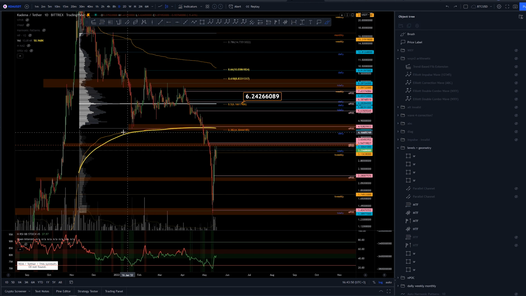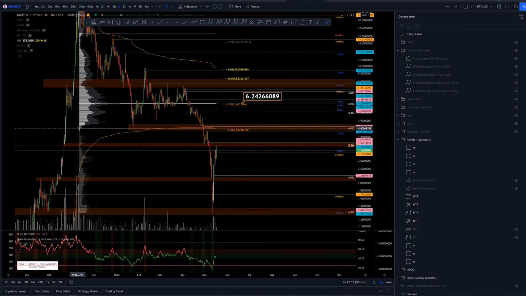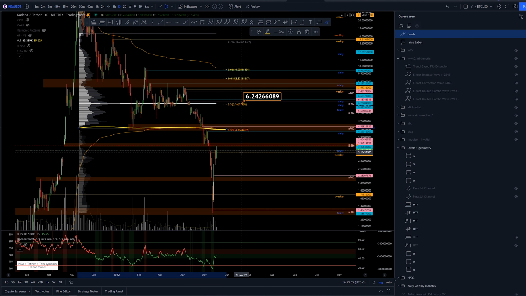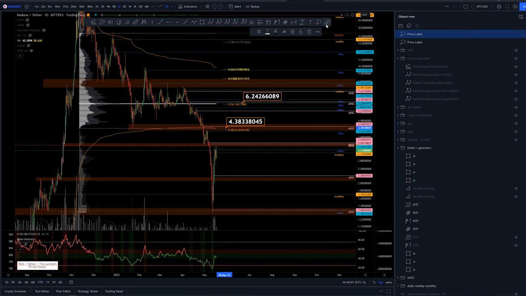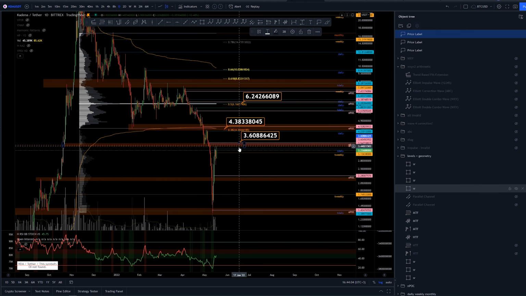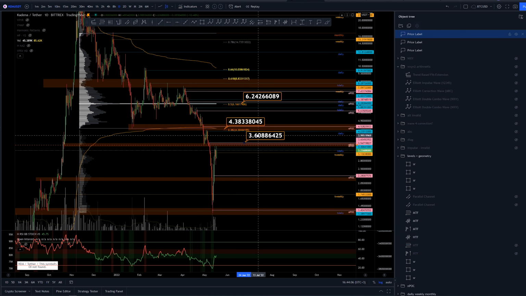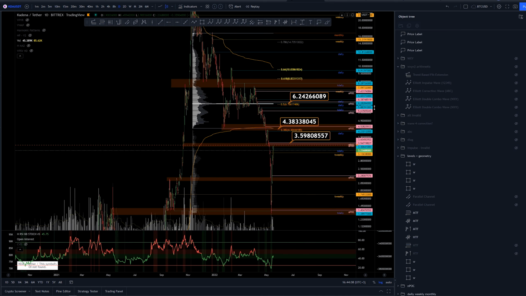Definitely going to be interesting area. Also we can see a range value area low here, so definitely something to look out for. That is basically the first resistance if we are able to conquer this $3.60 area.